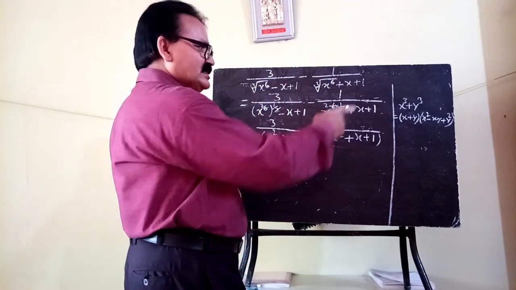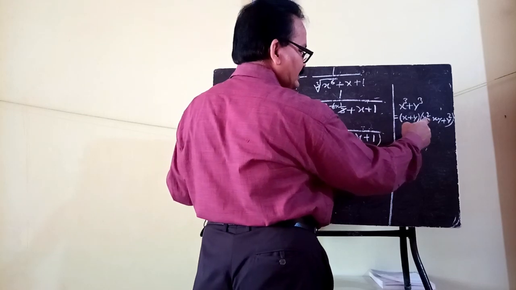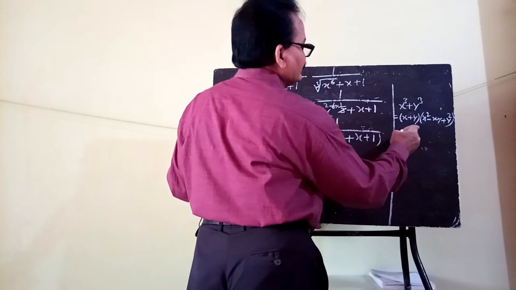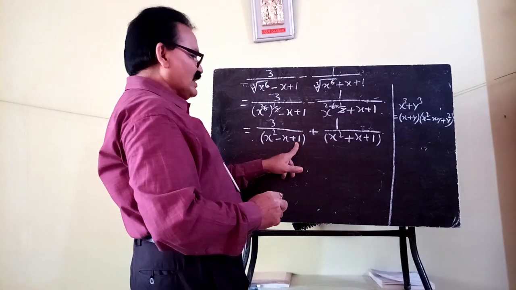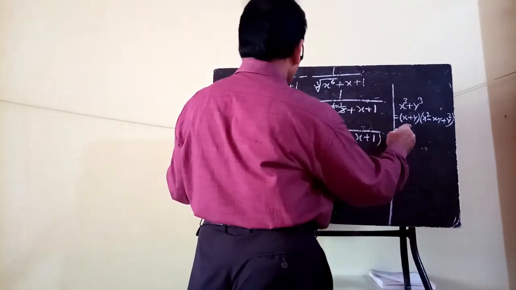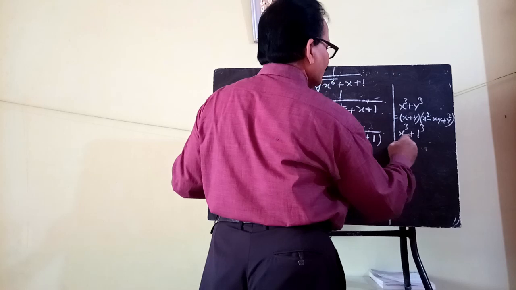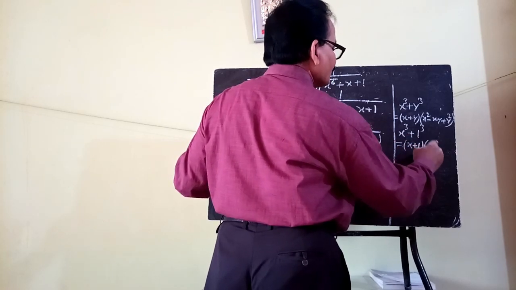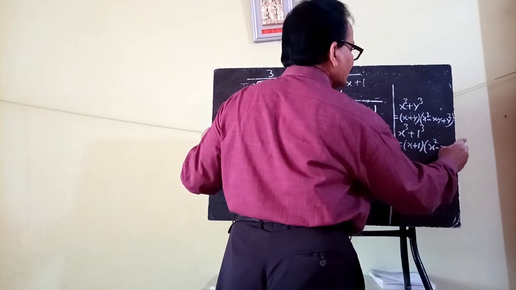So if we consider 1 as y, for x cube plus 1 cube, you can write x plus 1 into x square minus x plus 1.